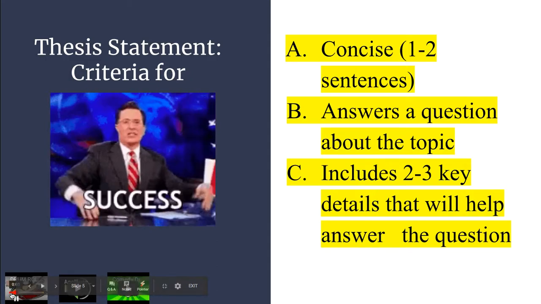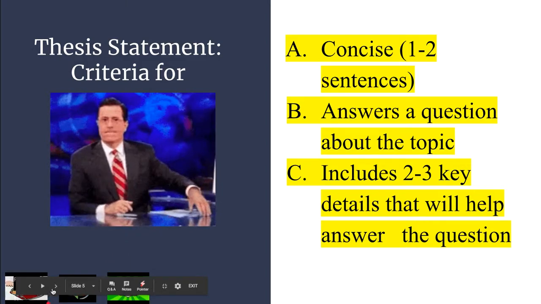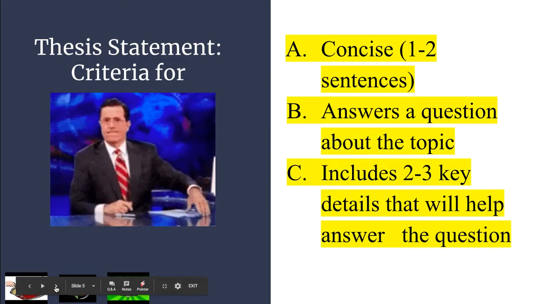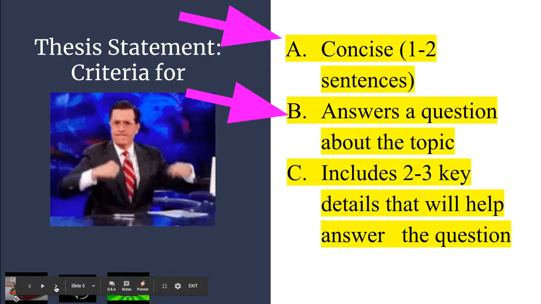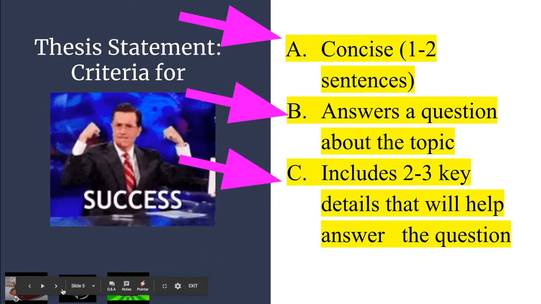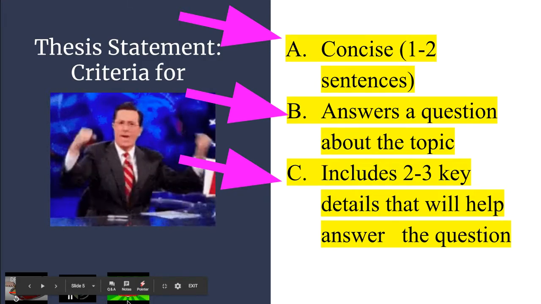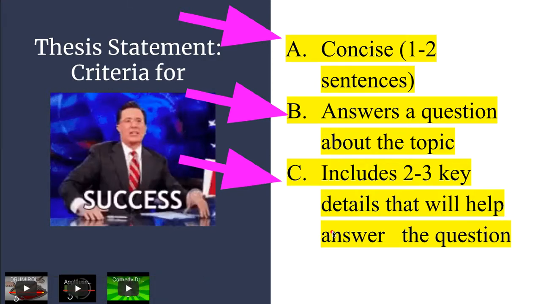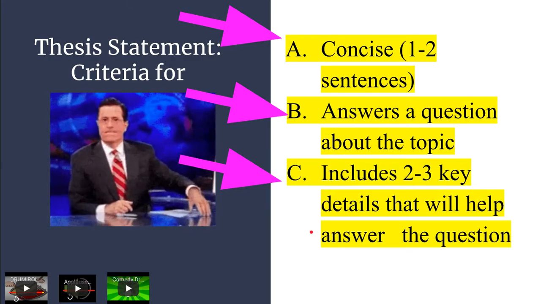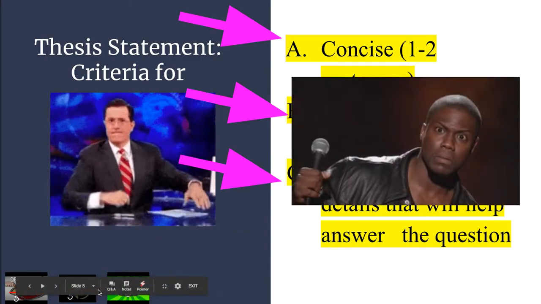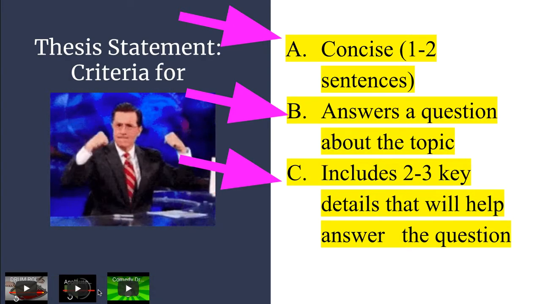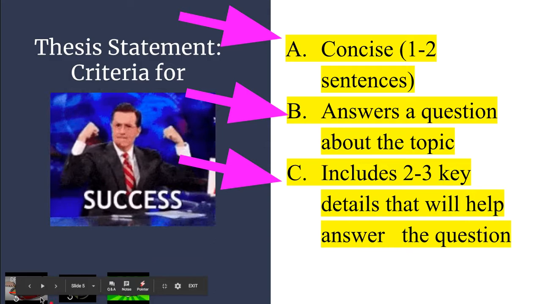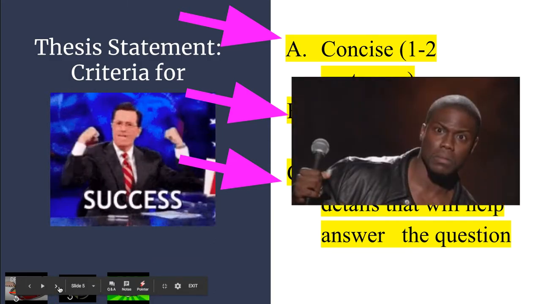Is it A, B, or C? The answer is A and B and C. Woo! I know you guys are like, wait, that's not a real question. No, but yes, so it has to meet all of these 3 criteria. So let's move on and look at an example.